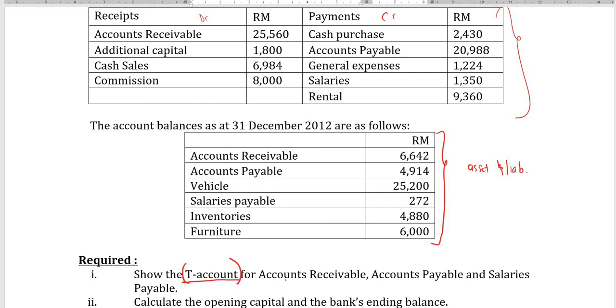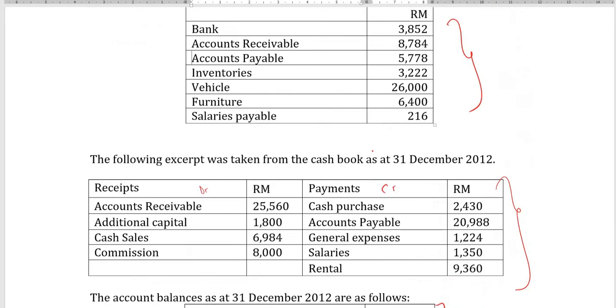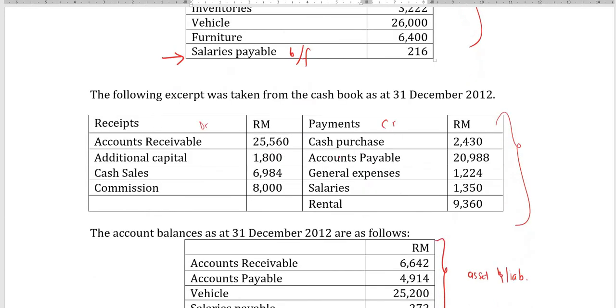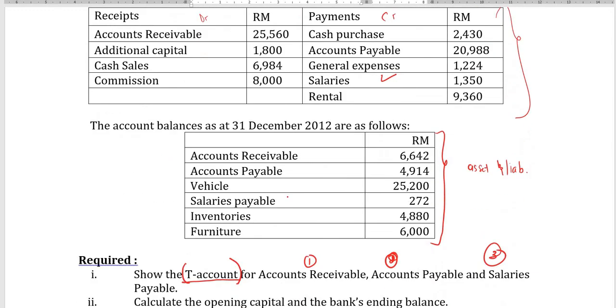Okay, tapi dia minta for 3 accounts only, that is your AR, AP, and also your salaries payable. Okay, so salaries payable, actually we are referring to this. Okay, this is your BF. Okay, and then this is the payments, the cash paid, and here is the CF.